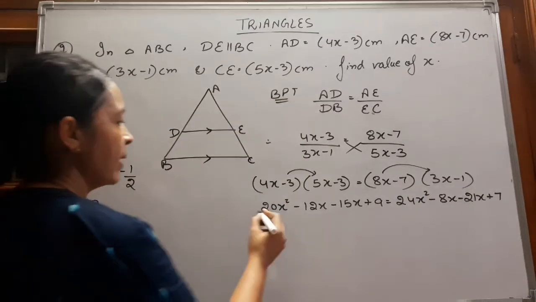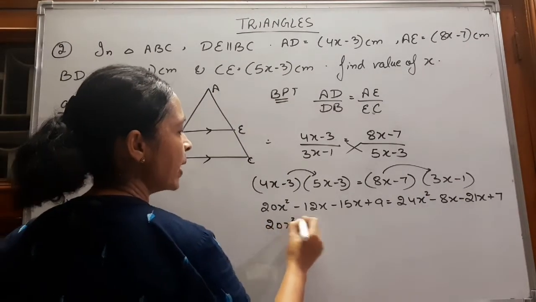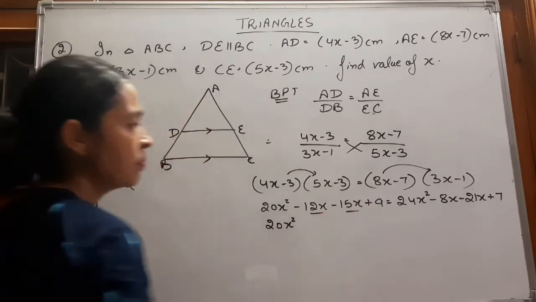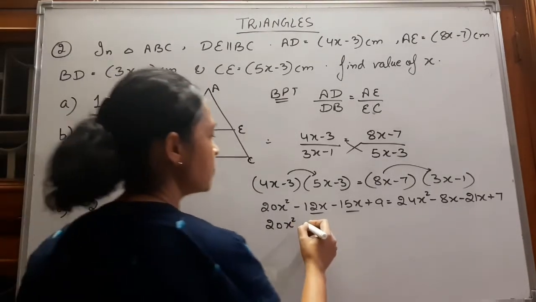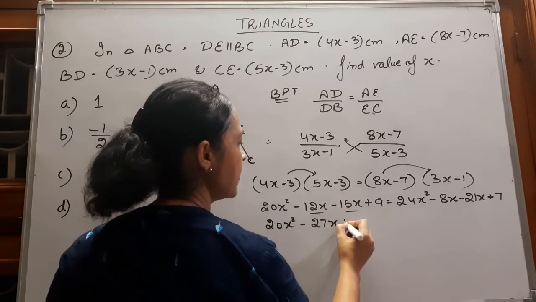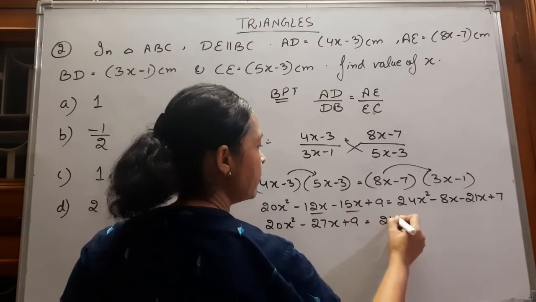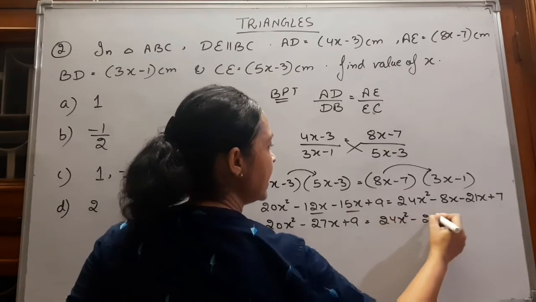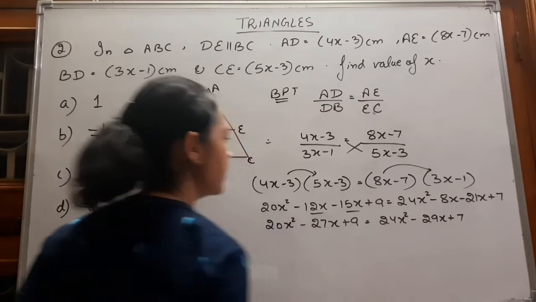We have 20x square, minus 12x minus 15x, we get minus 27x plus 9, equals 24x square minus 29x plus 7.